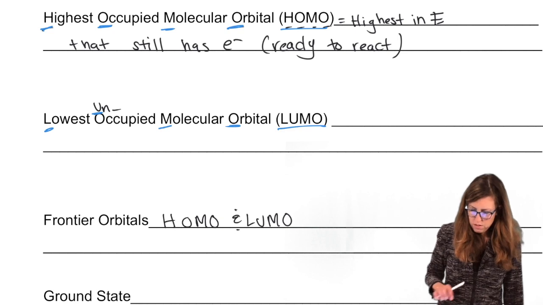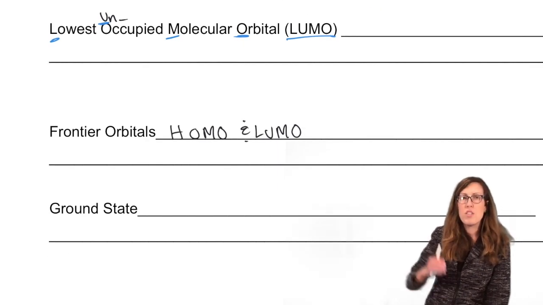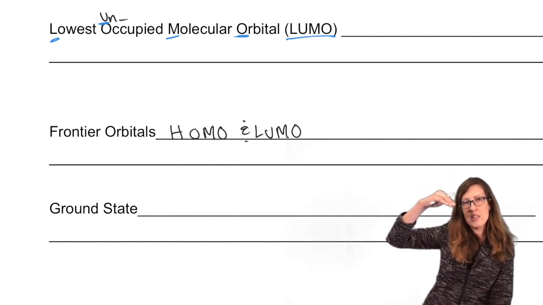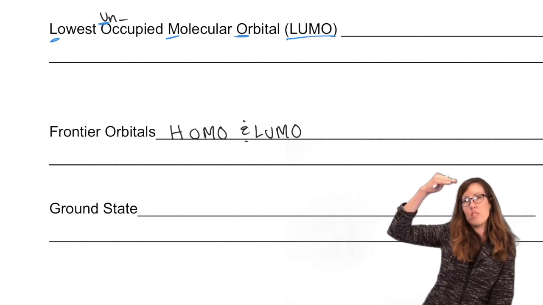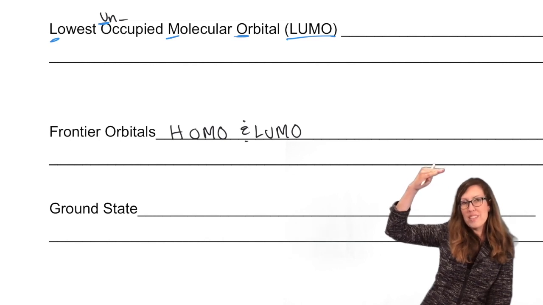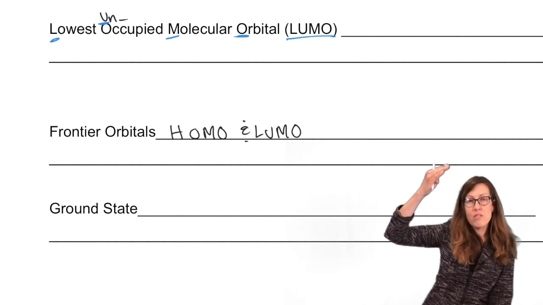So the LUMO is the lowest unoccupied. You start looking at the energy levels from the top. The highest one that still has an electron in it is the HOMO. Then you go up a level, because if we're trying to look for the unoccupied one, that'll be the next level up, hopefully, above the HOMO, right? That's where the electron could go, the next level.